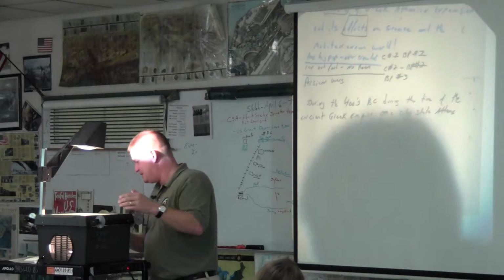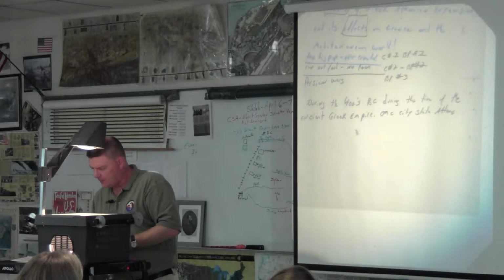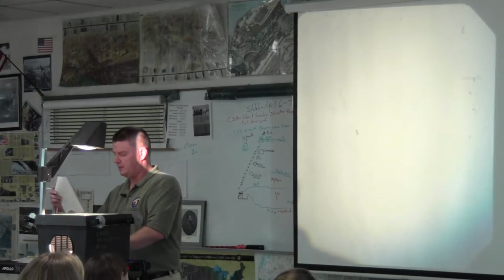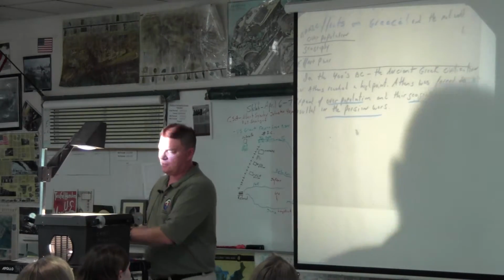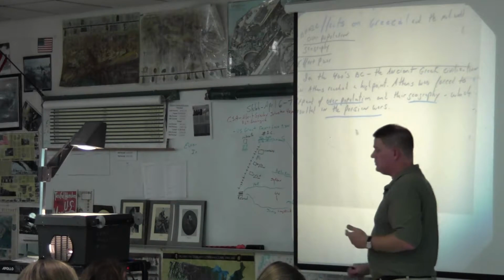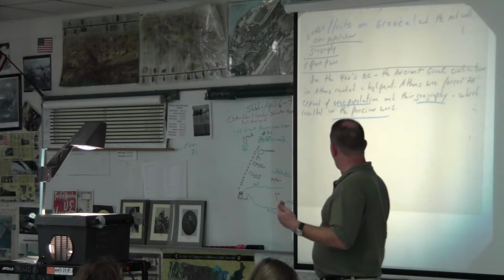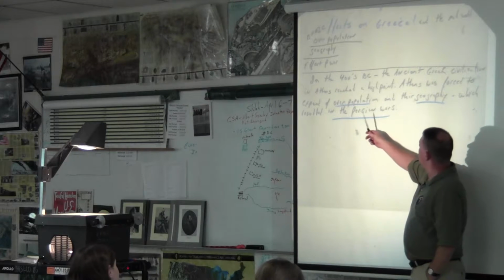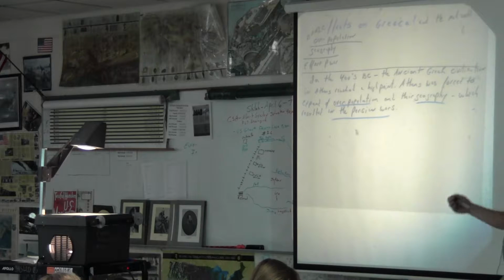Oh boy, I just did this last period and it made so much more sense. Oh, hang on. Let's just use this one. This one is much better. In the 400s BC, the ancient Greek civilization in Athens reached a high point. All right? Athens was forced to expand because of overpopulation and their geography.